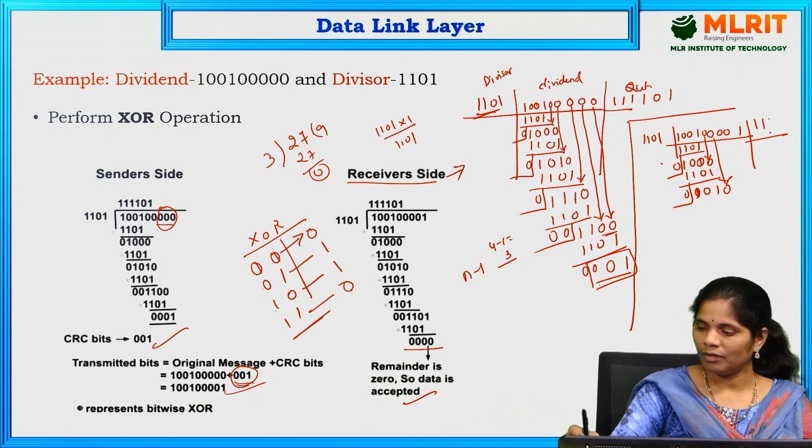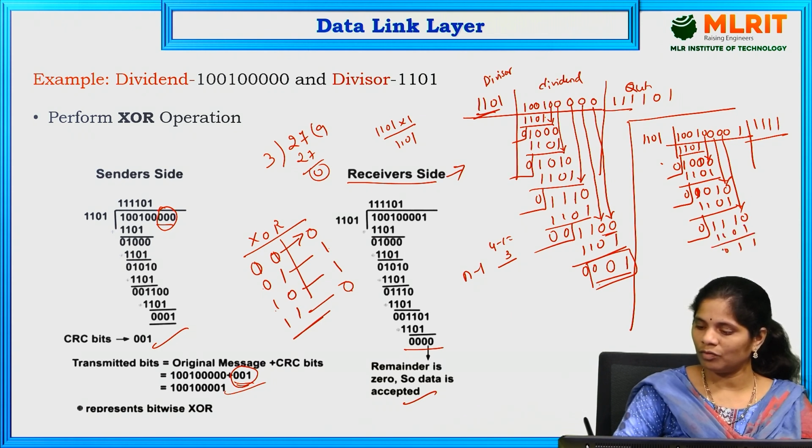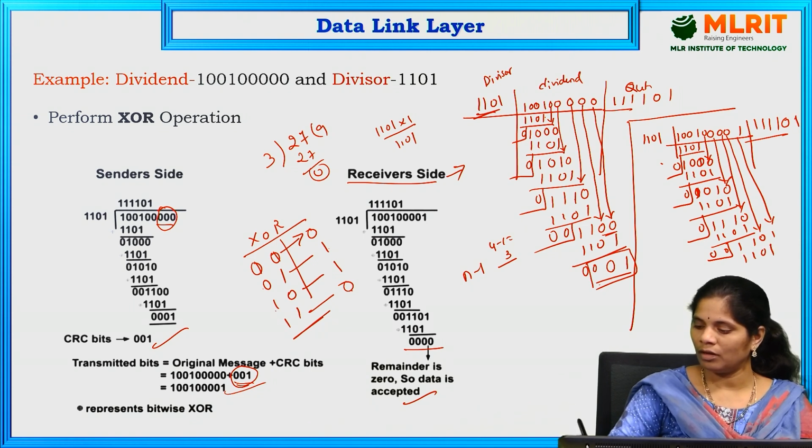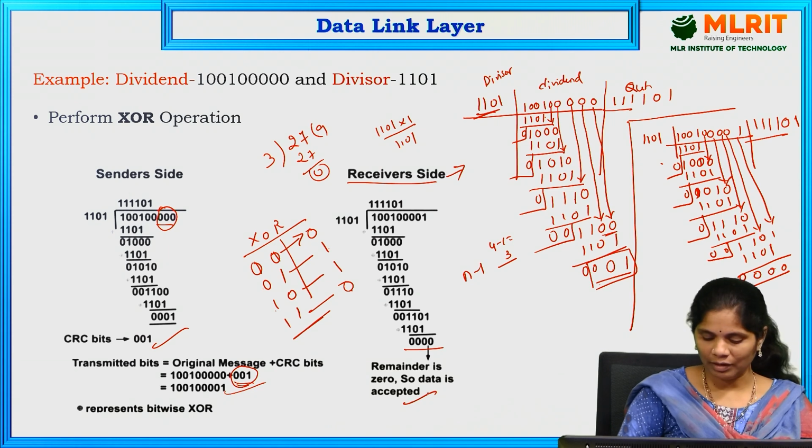Next 1 1 1 0 1. Next 1 1 1 0. Next is this one. Next 0 1 1 1 0 1. Next 1 1 0 0. Next, if we append this 0, and if we do the same, we are getting 1 0. Here is 1, that is 1 1 0 1. So finally we received all zeros. So the receiver data is going to be accepted.